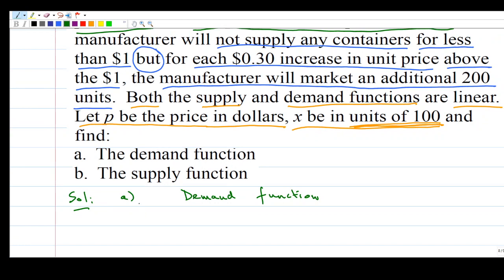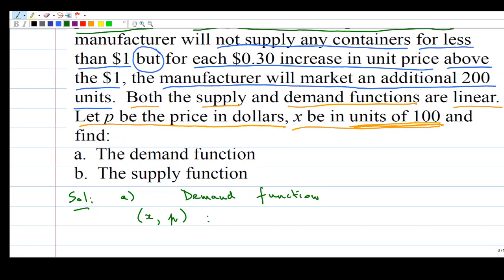Your X, the units, is in units of 100, the units that are sold. And your small p is the price. It depends on the units sold.